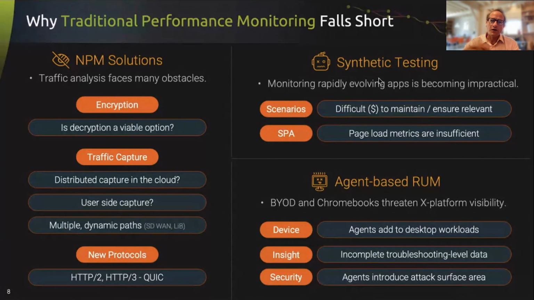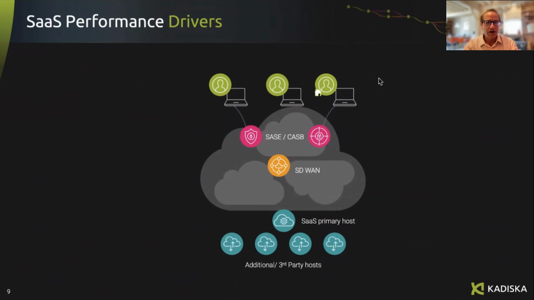So when we look at drivers of SaaS performance, what would you need to monitor to understand what the SaaS experience is? Here is a first indication of the main phenomena or pieces of infrastructure that you need to monitor. So from the users on top to all the set of public networks, so that would be like the internet, which is a massive group of public networks managed by different operators.